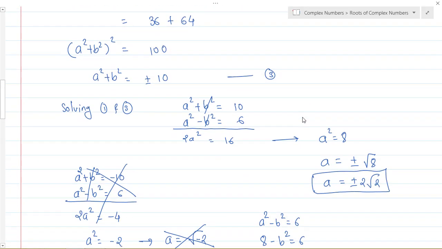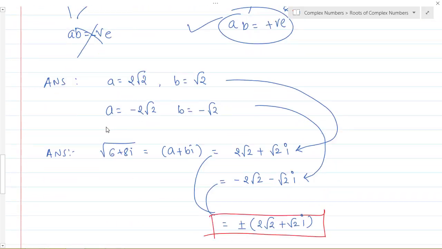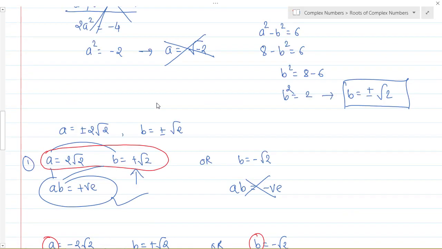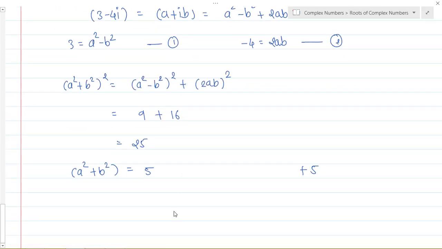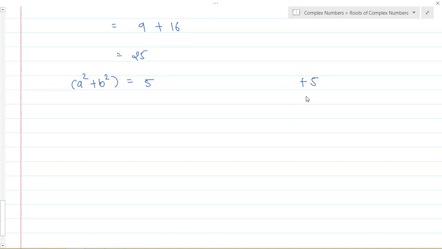If you remember, we got plus or minus 10, and we showed that getting minus 10 is of course wrong, so you cannot take the negative value there. That's why I'm directly taking the positive value here. Let's say this is equation number 3.